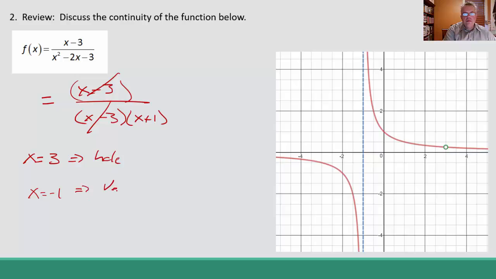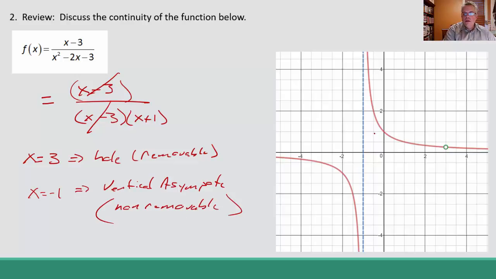That's where a vertical asymptote is, and that's non-removable. The hole is removable because we could just define the function to be that value there. We could fill it in. A vertical asymptote is non-removable. It's not a matter of just redefining a point.